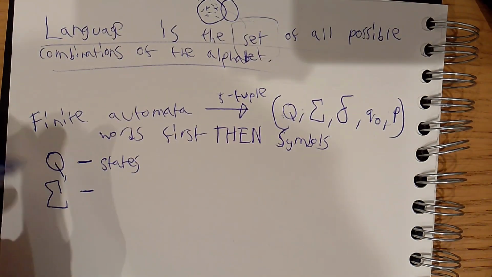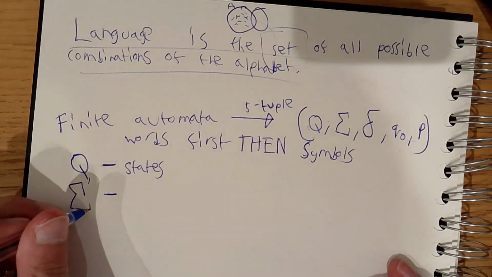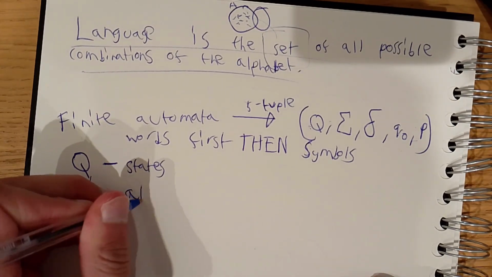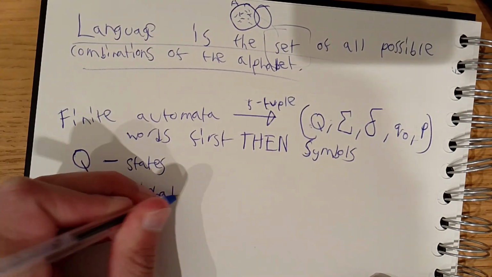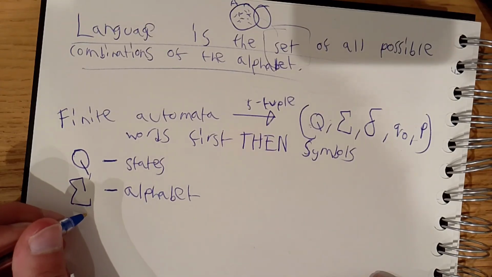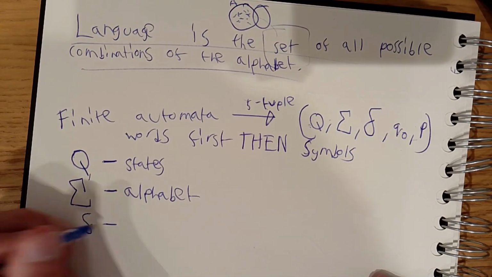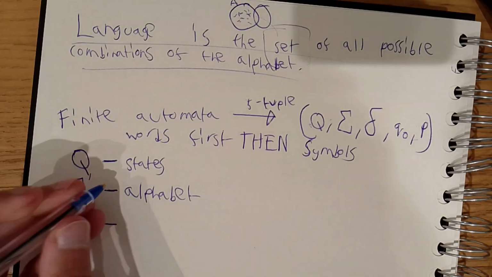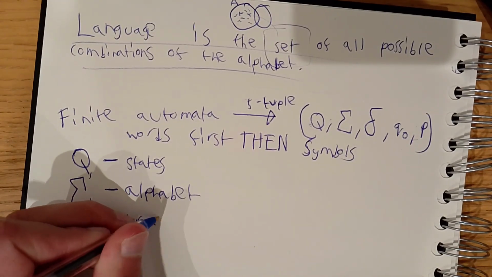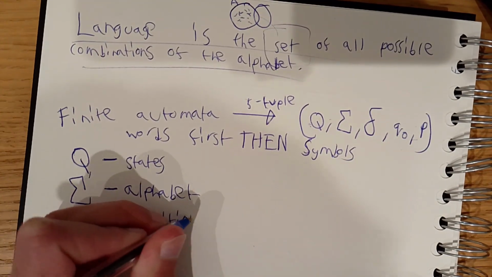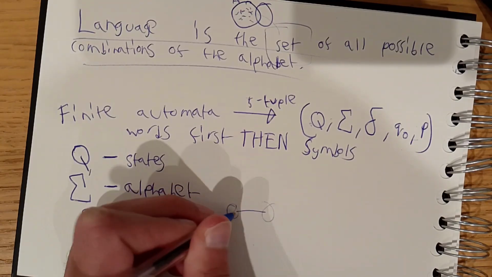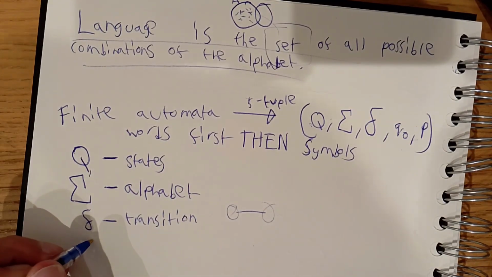Sigma is the alphabet. We already talked about the alphabet. And delta, the transitions, because the transitions are the edges that we connected from each of the circles.